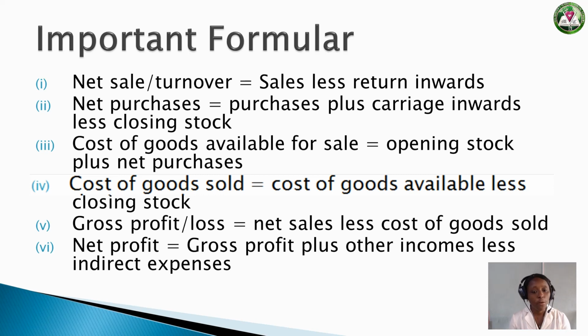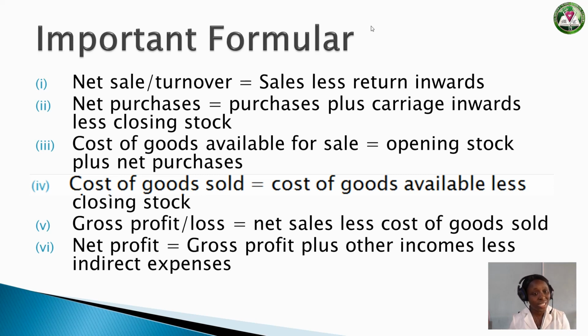Number 4 is cost of goods sold. Let me start afresh. I've stated number 1, which is net purchase.